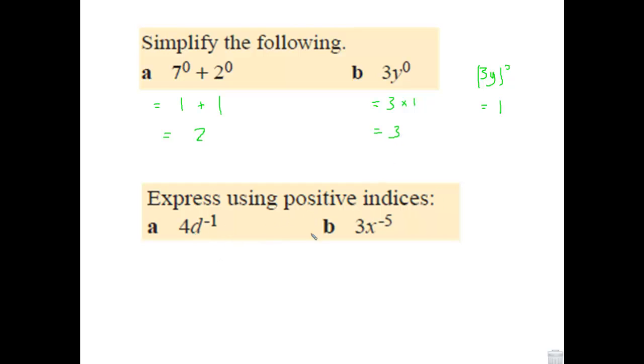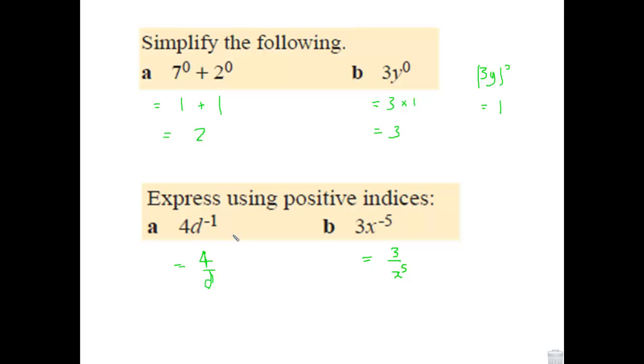And this one, if we're putting them in positive indices, which means we want to get rid of the negative, well, we know the d to the power of minus 1 would make it 4/d because the d goes as a fraction. And 3 times x to the power of minus 5, again, only x is to the power of minus 5, so it would be 3/x to the power of 5.